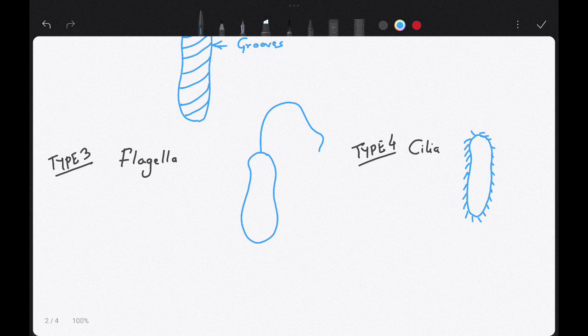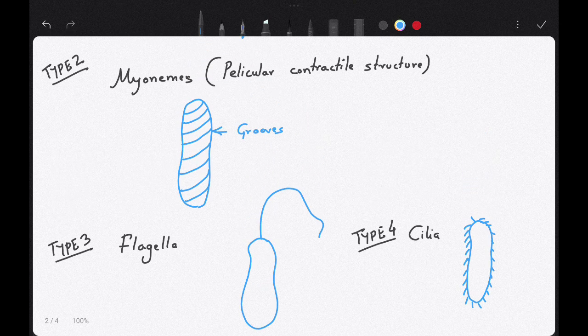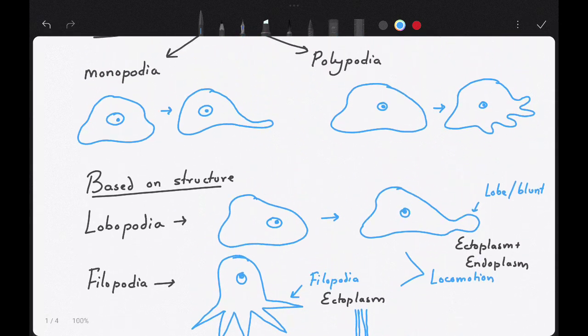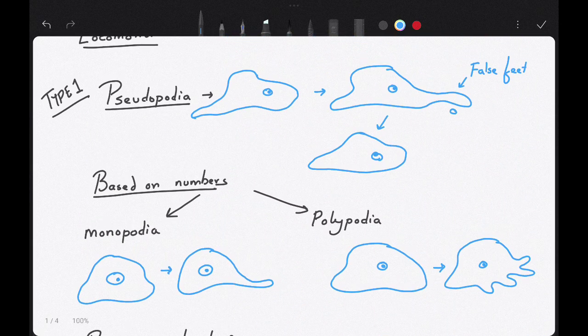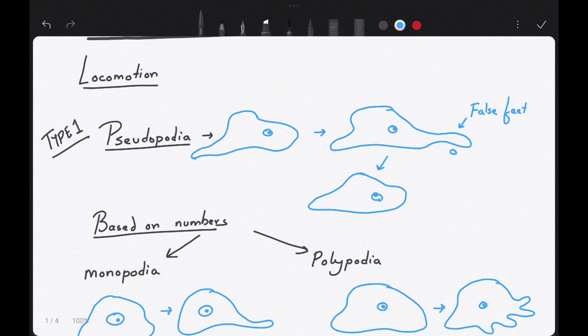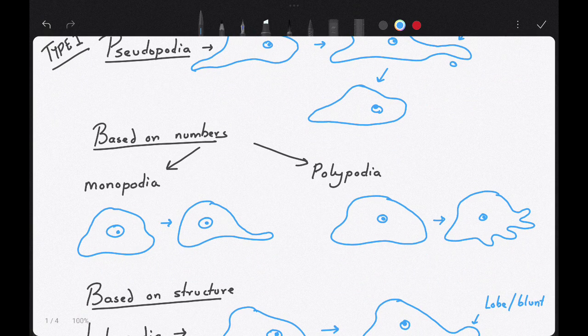So we have learnt about different types of locomotion in protozoa. First we started with pseudopodia, a false foot. Then we learnt about the types based on numbers. First is monopodia, then polypodia. Monopodia means a single pseudopodium is formed.